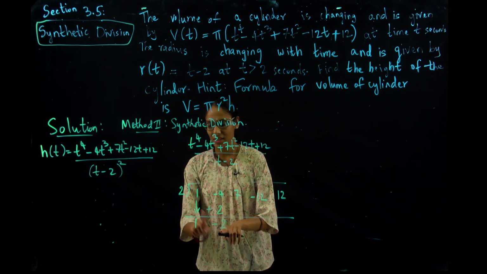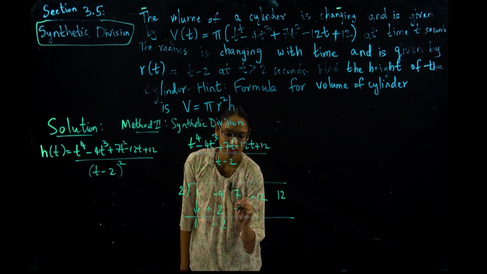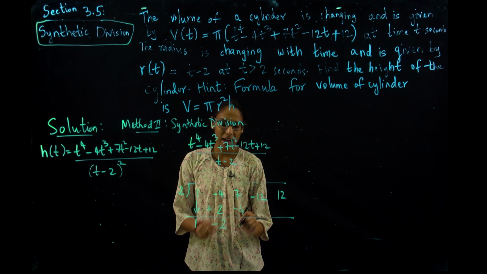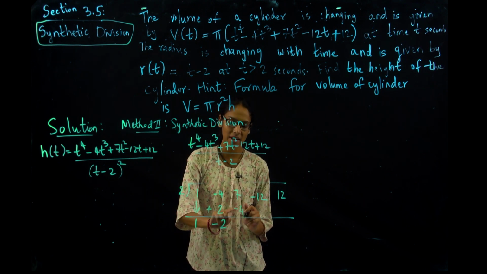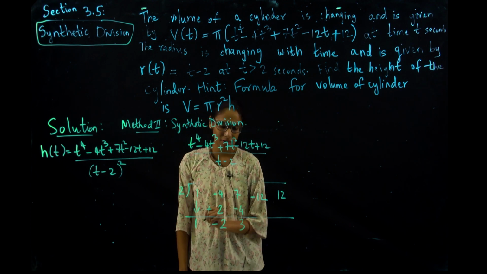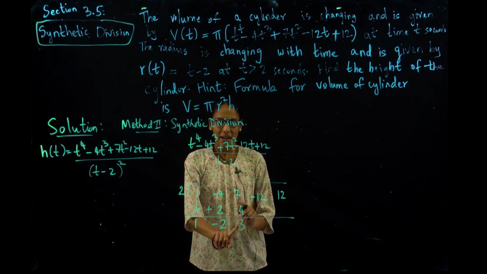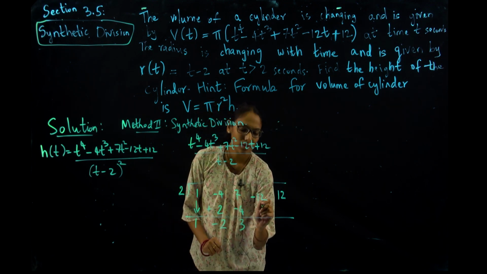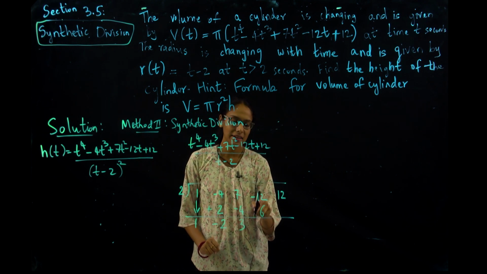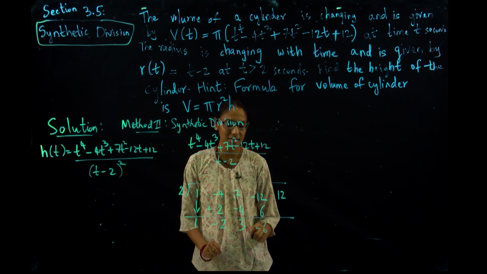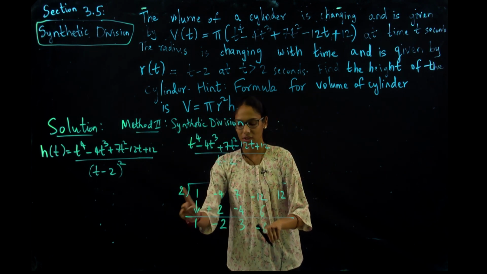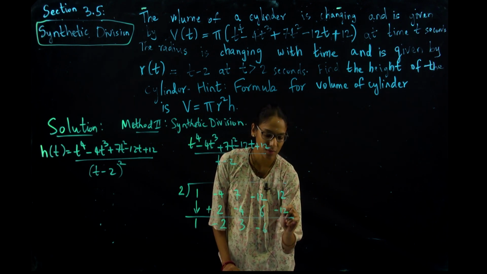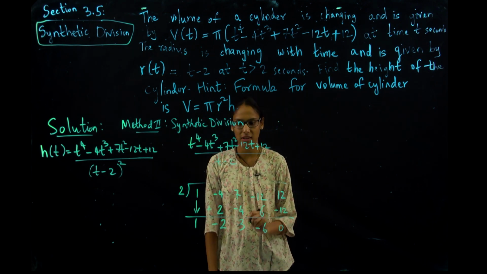Again, multiply this with the number here, so that's going to be negative 4. Adding this to 7, you're going to get 3. Again, 3 multiplied with 2 is going to be 6. Add these two, we're going to get negative 6. And negative 6 multiplied with 2 is negative 12. It ends up being a 0 here.